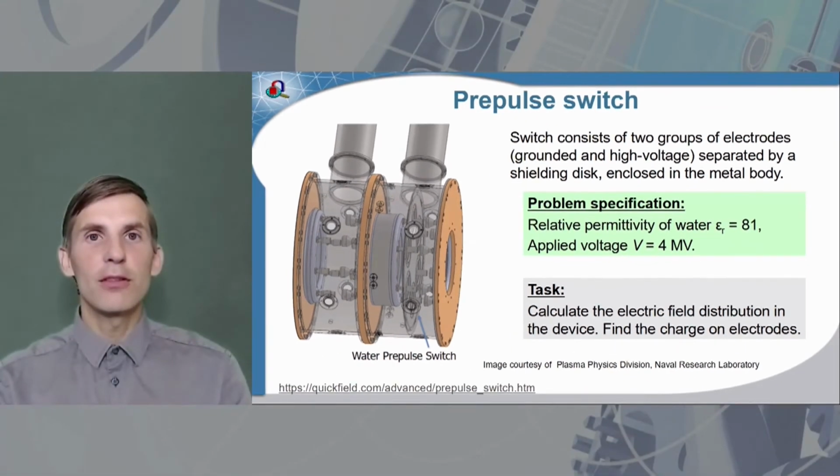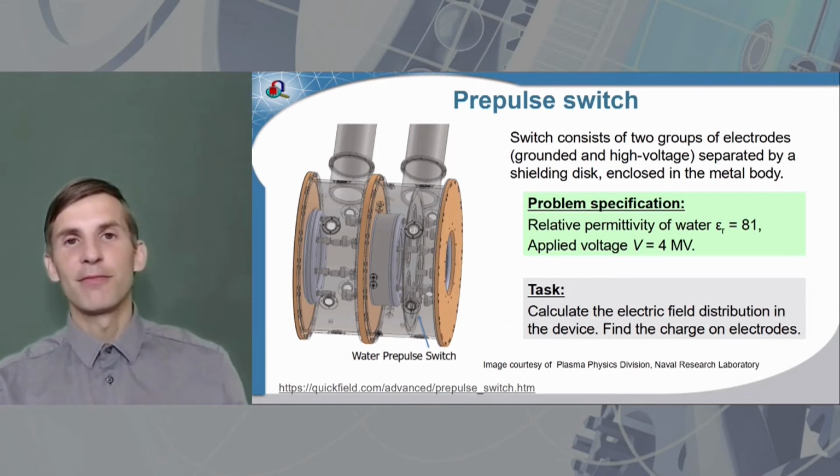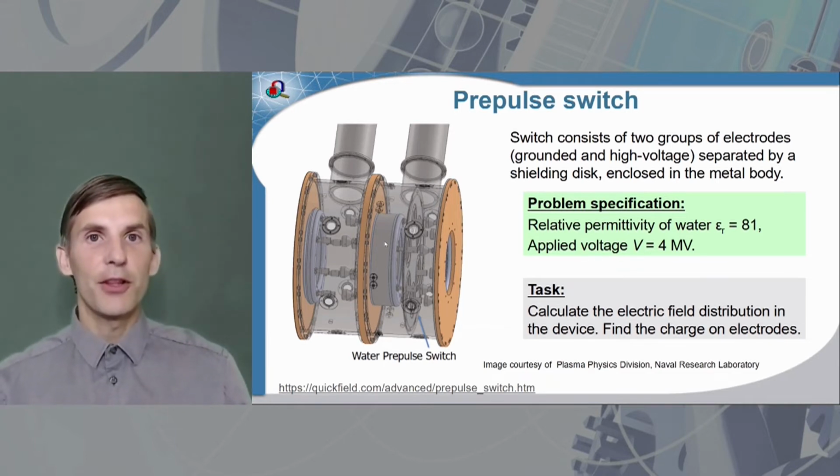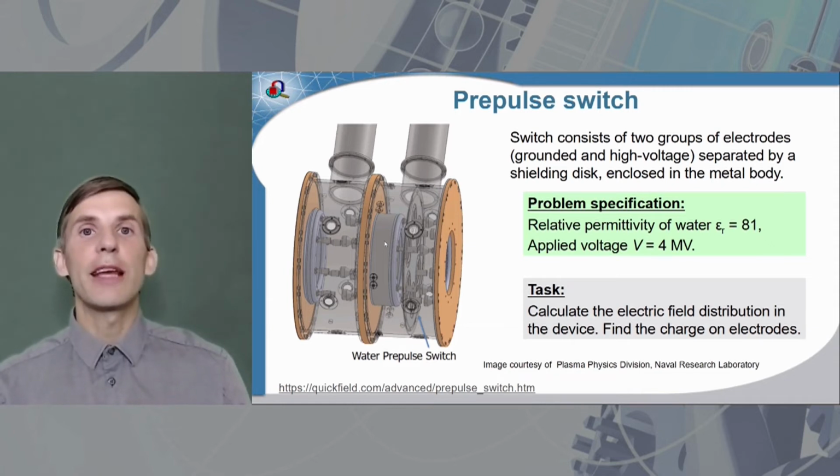Comparing to the oil, water features very high dielectric permittivity and superior fire safety. The switch consists of two groups of electrodes, high voltage electrode and grounded electrode. The task was to calculate the electric field stress and to calculate the capacitance between the electrodes.